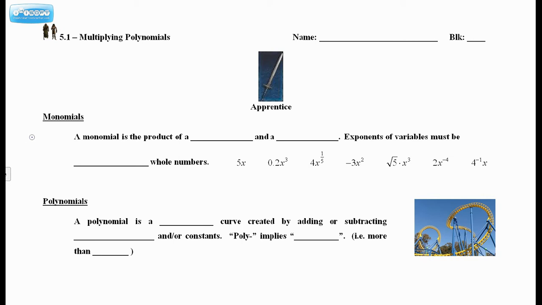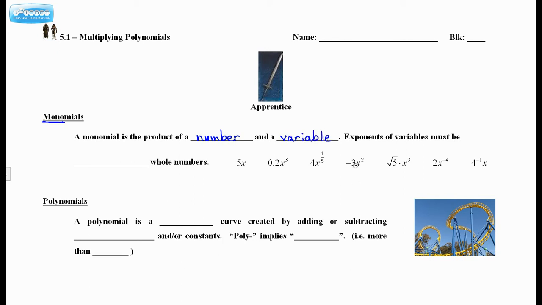So first going to talk about something called a monomial. Okay, the prefix here, mono, that should imply one. So a monomial is just a product of a number like 3, 6, and a variable, so a letter, x or y.